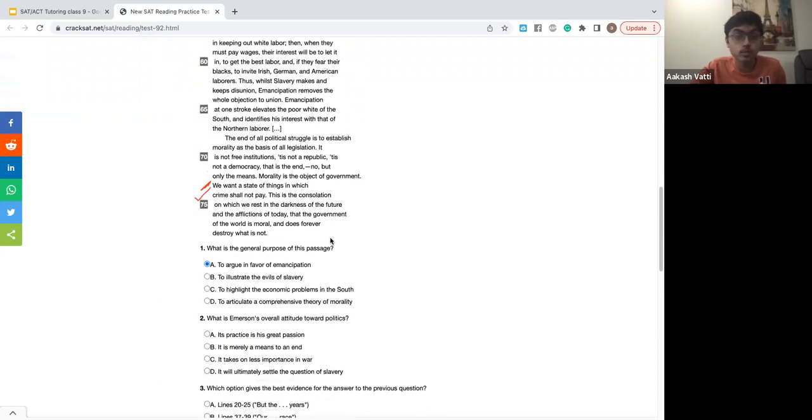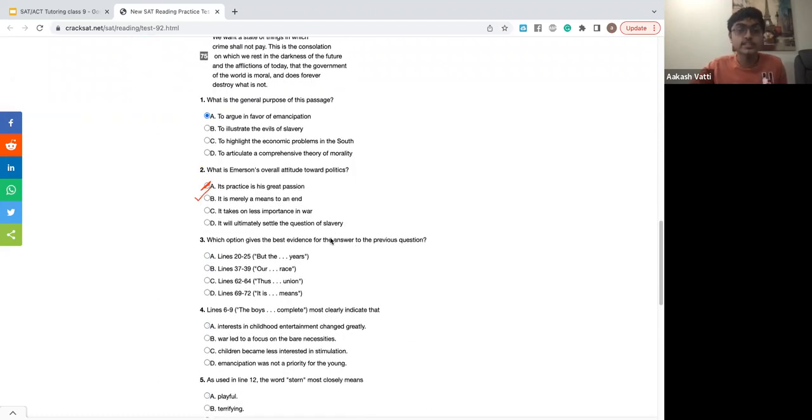I'm not going to spend too much time going back for the exact evidence. However, nowhere does it say it's not really important during a war, and it does say political struggle is still happening during the war.